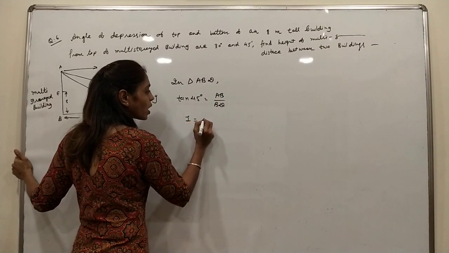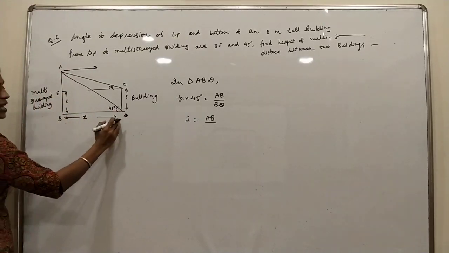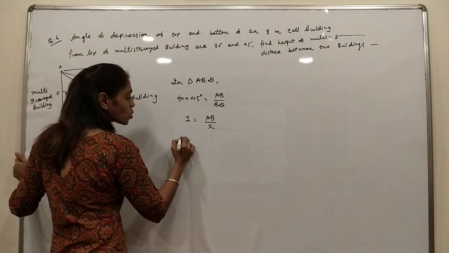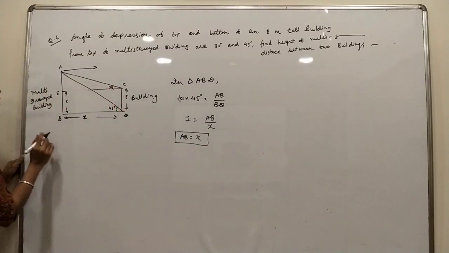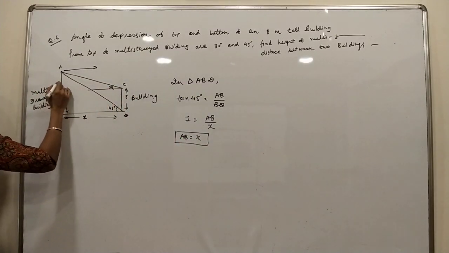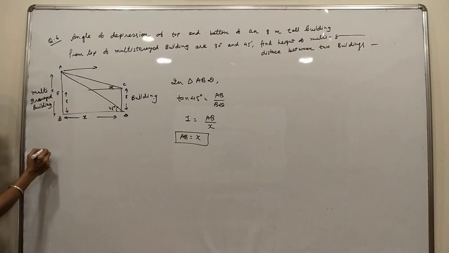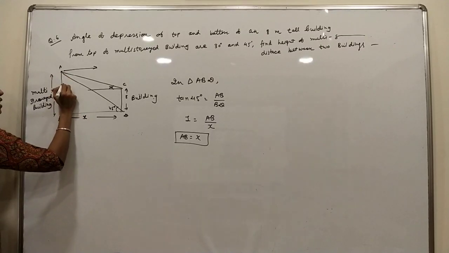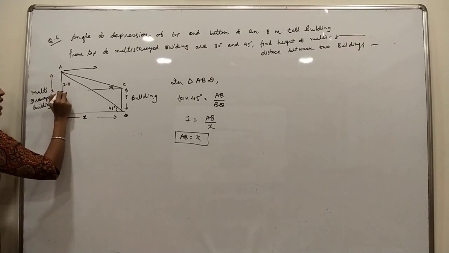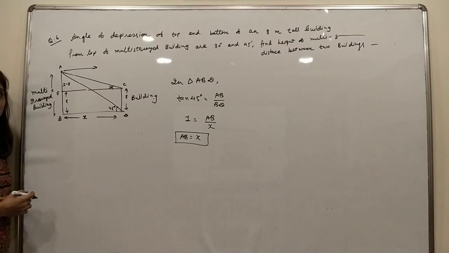Tan 45 is 1, AB and BD is x. So AB is also x. Now here, AB is x, but ED is 8. So AE is x minus 8. What happens? x is greater, so x minus 8.